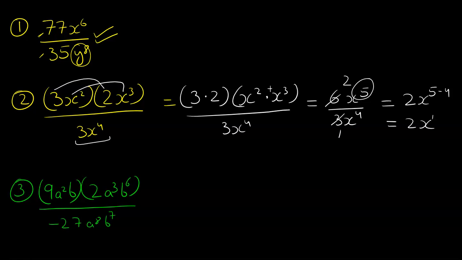Again, try at least the first step. Try to solve the numbers or whatever you can do with it, and then once you're done with the numerator, then you have to solve it with the denominator.